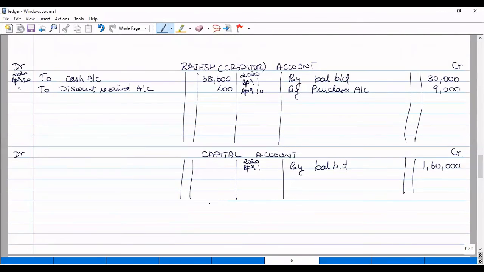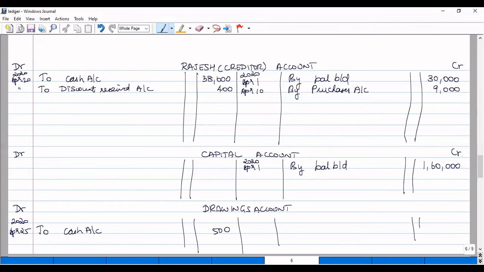We can open here itself, drawings account. Okay, drawings account is debited. So on 2020 April 25th, drawing is made as cash. So cash account. How much is the amount? 500. Okay, just draw the column for the other side, credit side.